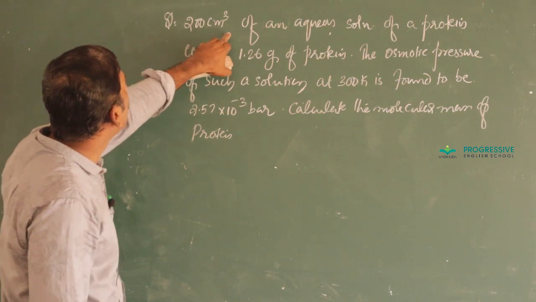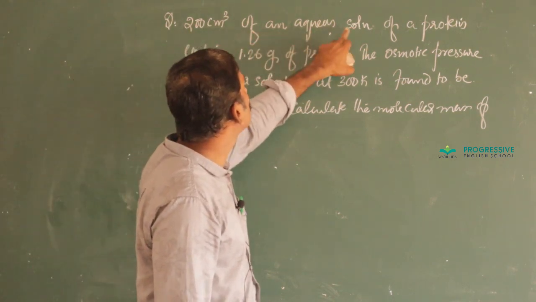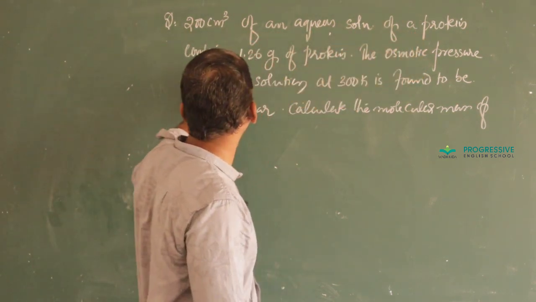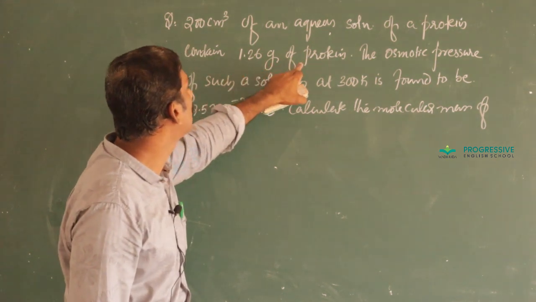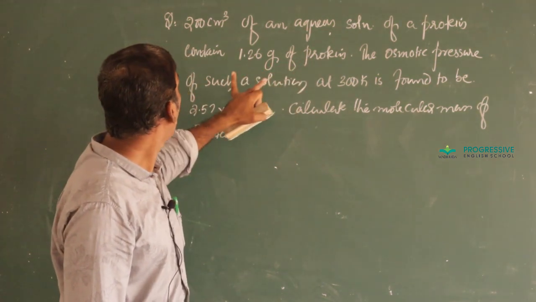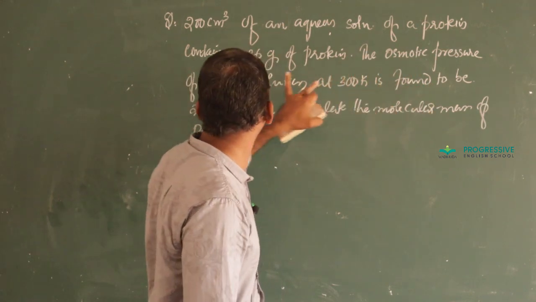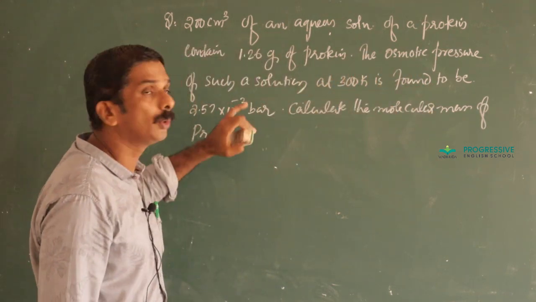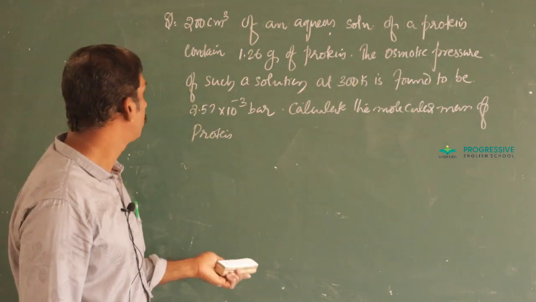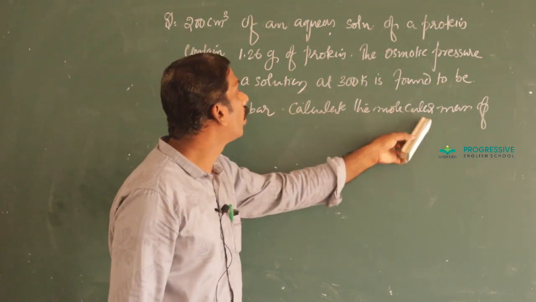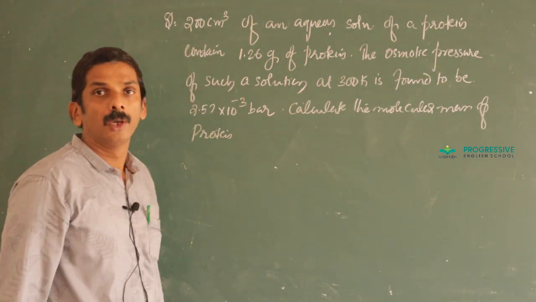Here 200 centimeter cube of an aqueous solution of a protein contain 1.26 gram of protein. Osmotic pressure of such a solution at 300 Kelvin is found to be 2.57 into 10 raised to minus 3 bar. Calculate the molecular mass of protein.